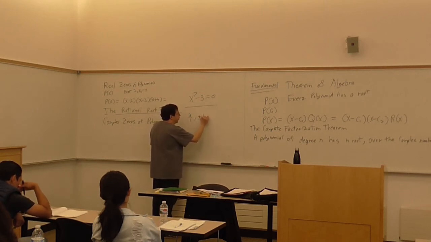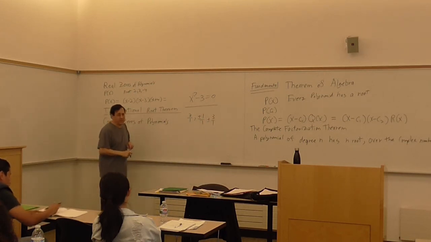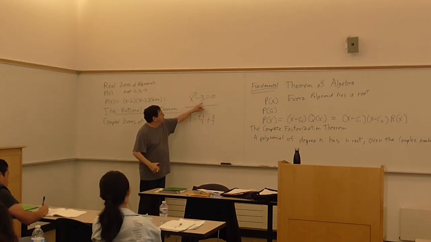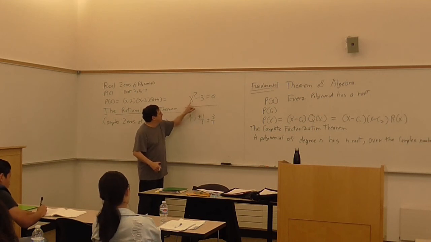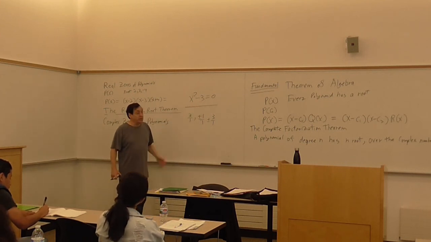So plus or minus 1 over 1, plus or minus 3 over 1. Well, we can check those out real easily. 1 minus 3, no. Minus 1 minus 3, no. How about 3? That's really way off base. I know right away there's no rational root.